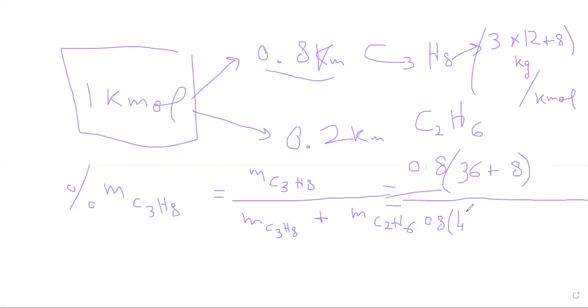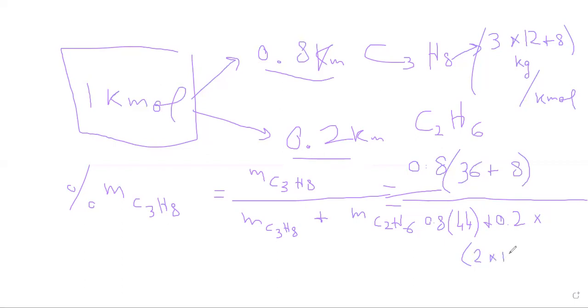Plus now, for the mass of C2H6 present in this kilomole, I have 0.2 kilomole, so it's plus 0.2 times the molar mass of C2H6, so times 2 times 12 plus 6.